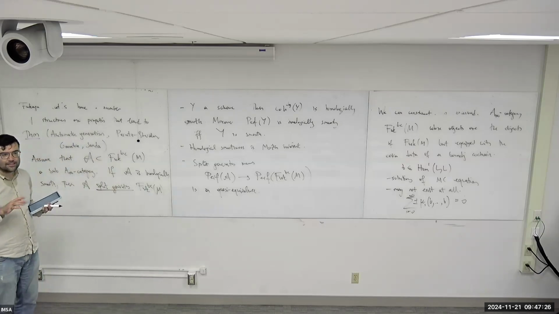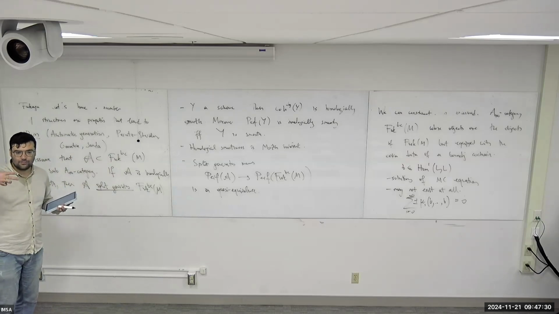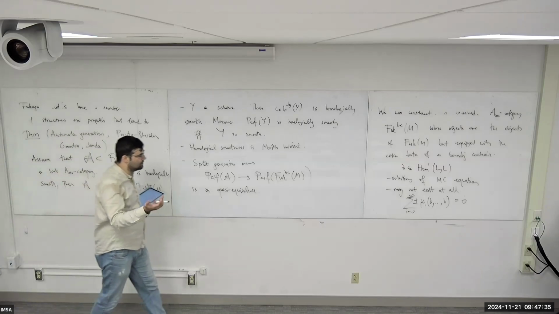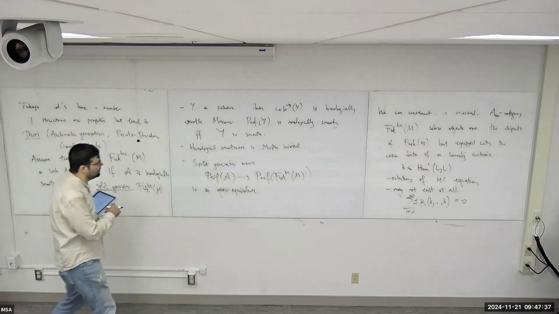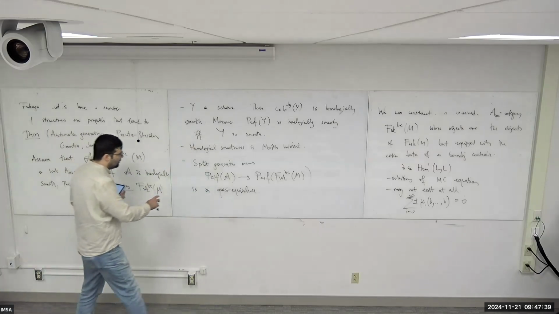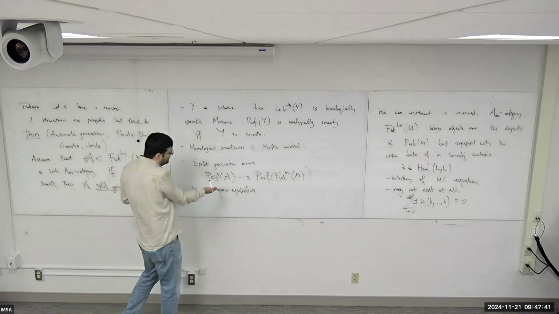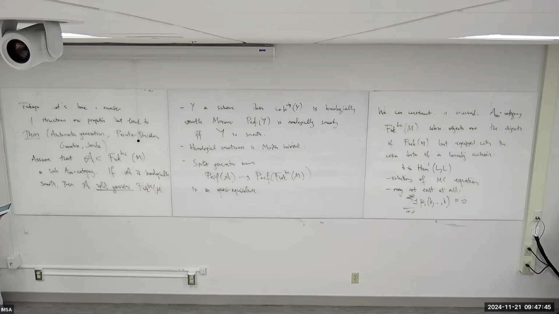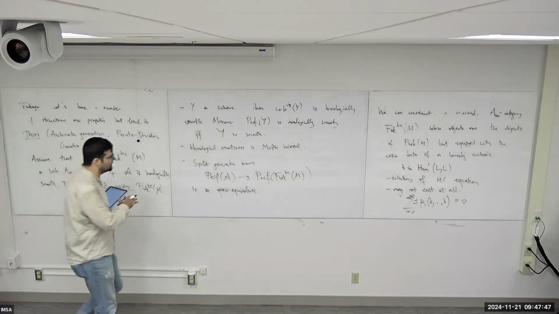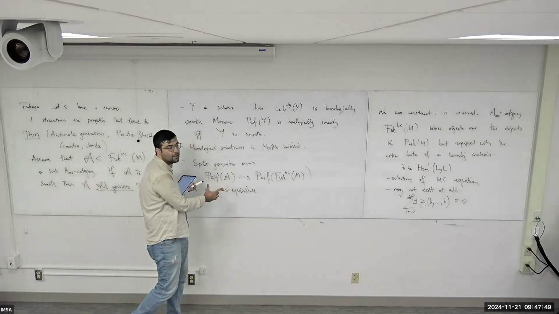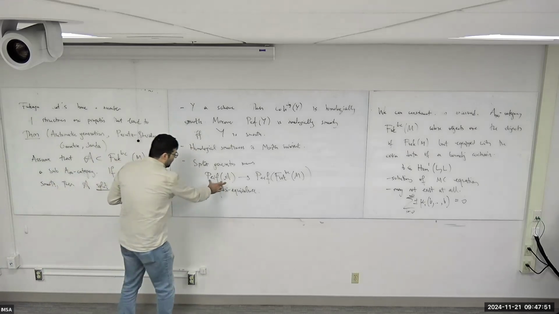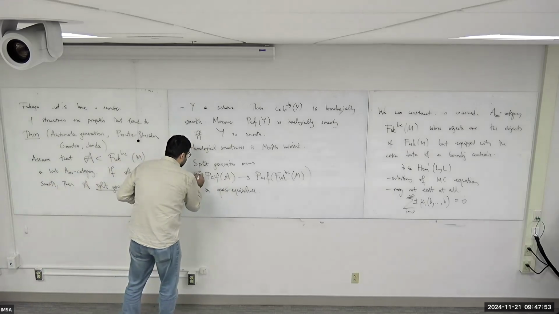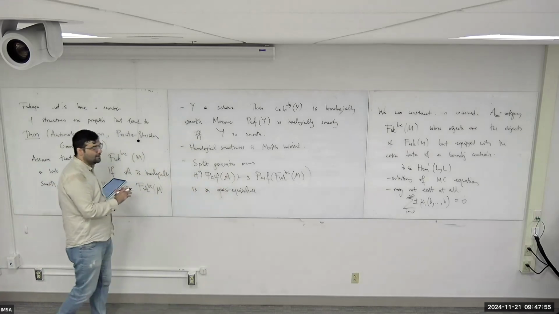You may have seen this as the Karoubi completion of the triangulated closure, another collection of words that don't help if you don't already know what this is. But you can think of it as taking homology. That's the best model that I have for it without really defining it. It's doing something to the category to make it simpler. And now you can take the cohomology category of this, and this will be a triangulated category.